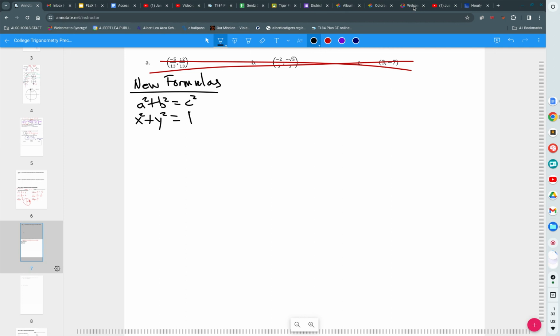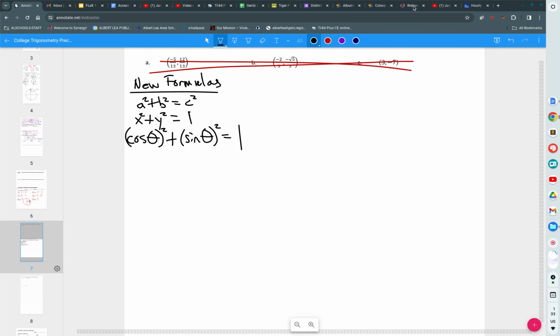Okay, and then the other day you learned that when we're talking about trigonometry and unit circle, that x is the same as cosine. And y is the same as sine. So now we have cosine of theta, that quantity squared, plus sine of theta, that quantity squared, is equal to 1.